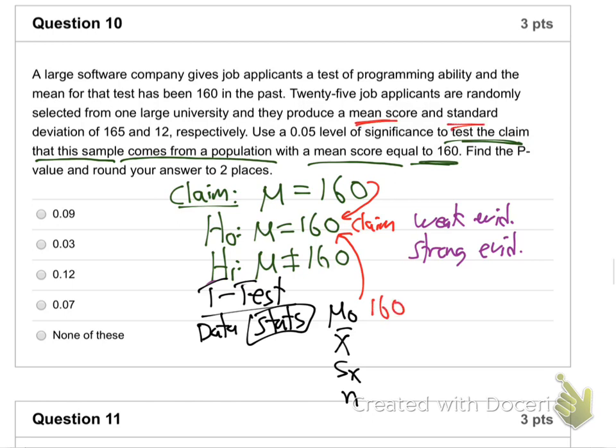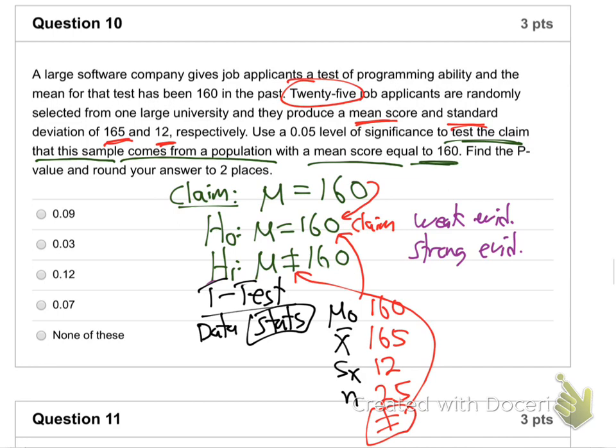Yeah, mean and standard deviation, 165 and 12. Mean 165, standard deviation 12. What's n? Where are you seeing that? Oh, nice. Yeah, when they write words, it's easy to miss it, huh? 25 job applicants. There we go. And then, is this one greater than, less than, or not equal? Not equal. It's got to match the H1, huh? All right. Now we've got it.